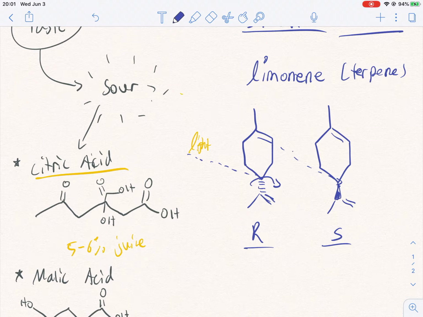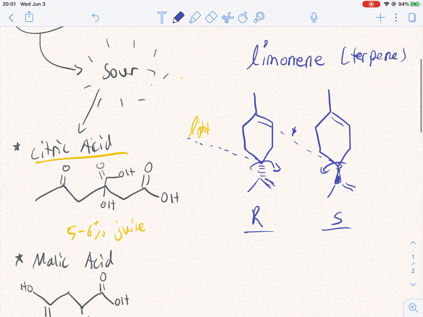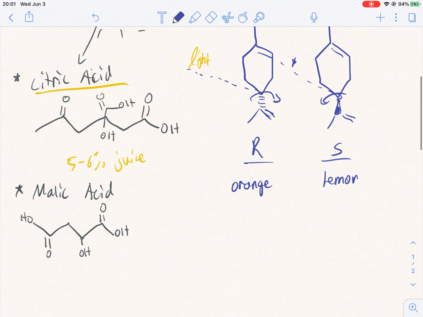If we shine it through this one, it'll turn left. That's not important right now, but what is important is that slight turn in the bond gives it a different property. R-limonene is what gives orange its smell. S-limonene is what gives lemons their smell.